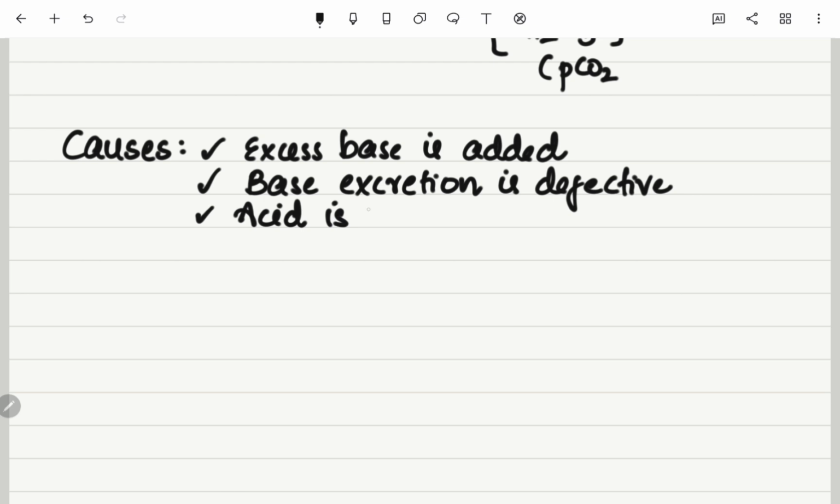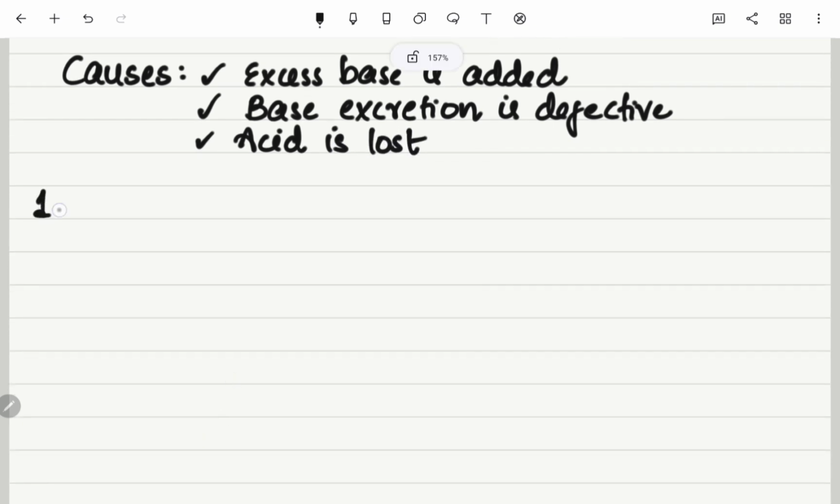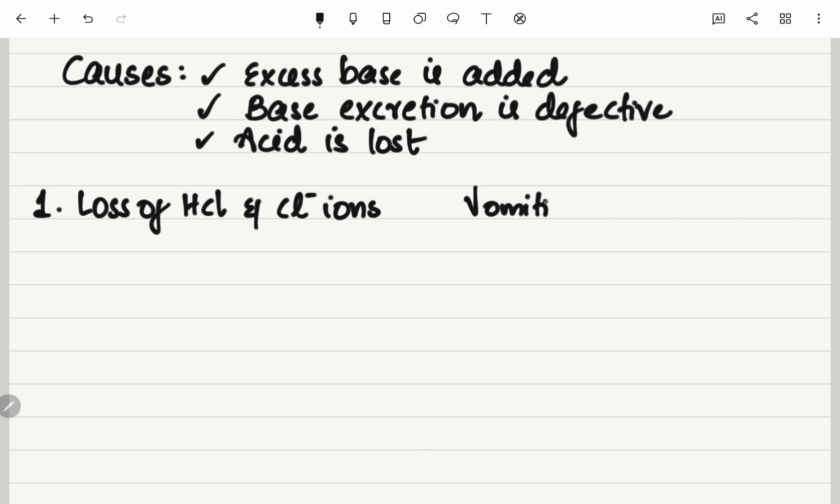Moving on to the causes in detail, the first one is loss of HCl and chloride ions, especially seen in vomiting in pyloric stenosis and gastric lavage. So these are the causes of hypochloremic alkalosis.